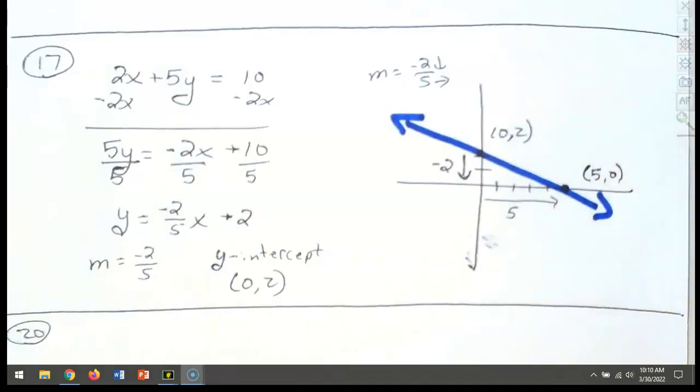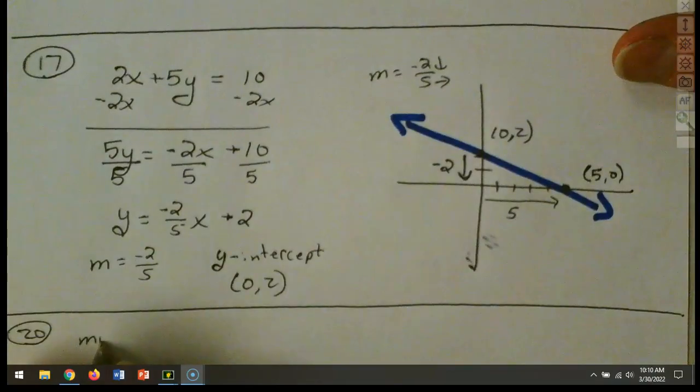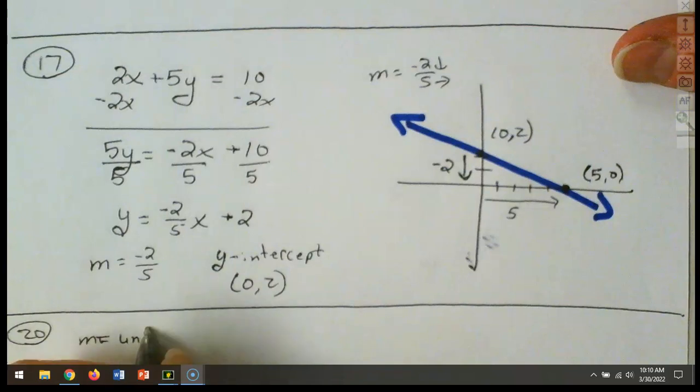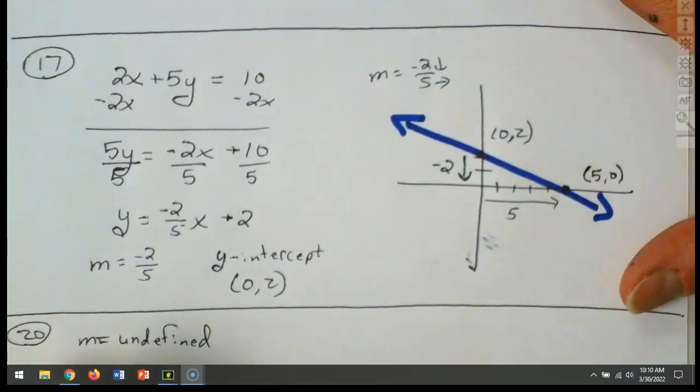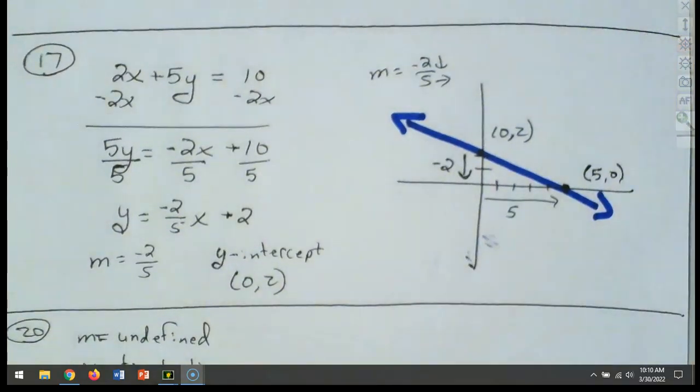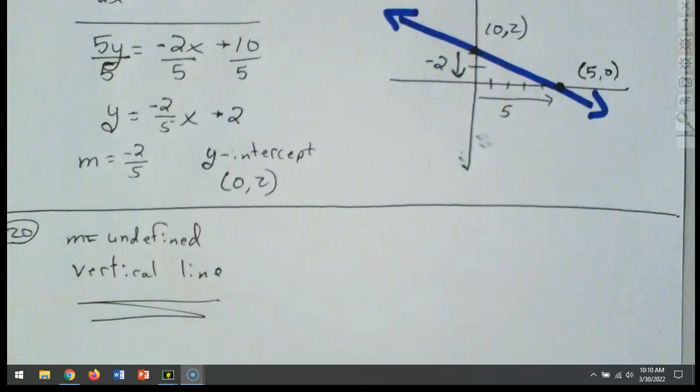Okay, if we remember, when your slope is undefined, what type of line is that? An undefined slope is a vertical line. So all I'm wanting you to realize is that if your slope is undefined, what kind of line is it? Vertical.